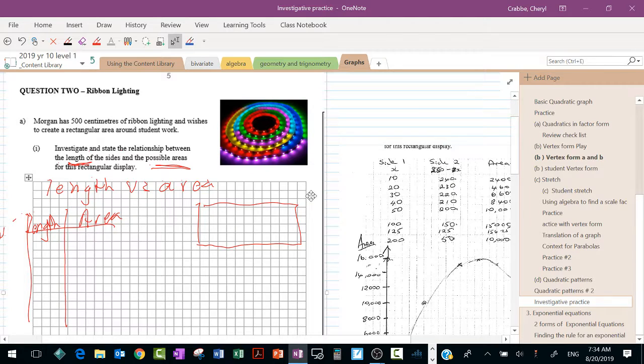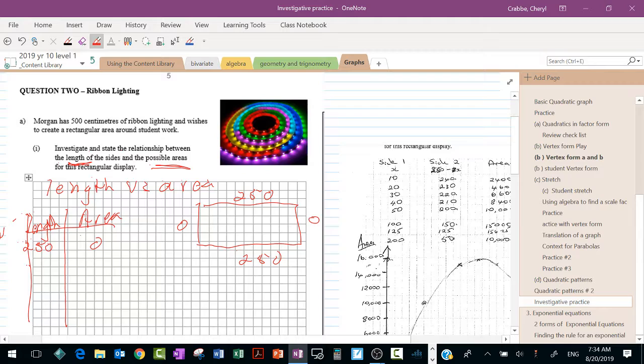So let's just say I can't do a length of 250, because if I do a length of 250, then the width is going to be 0 because I don't have enough ribbon to do that. So I have an area of 0. That's not going to work. So that's not really viable.